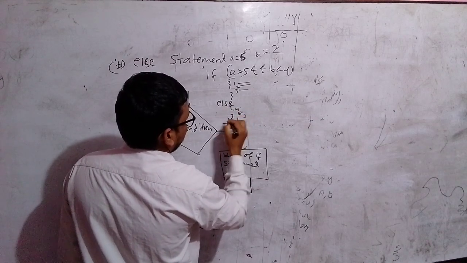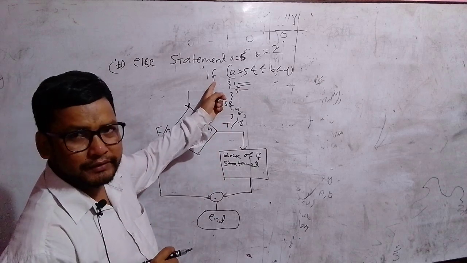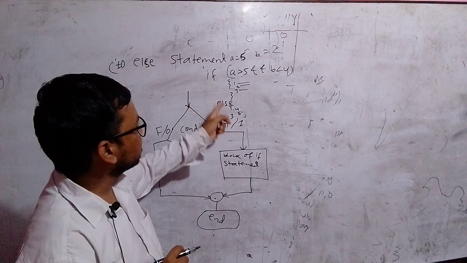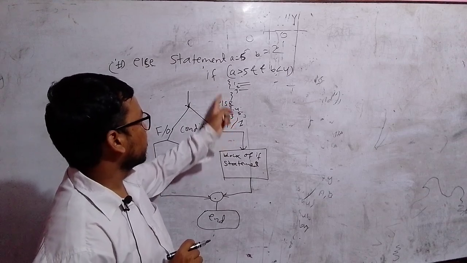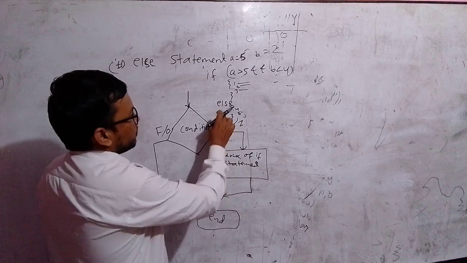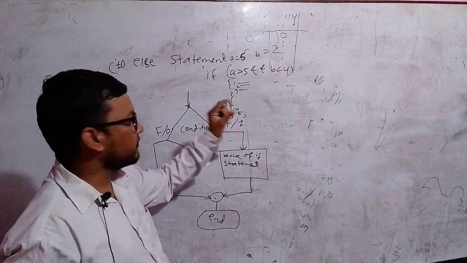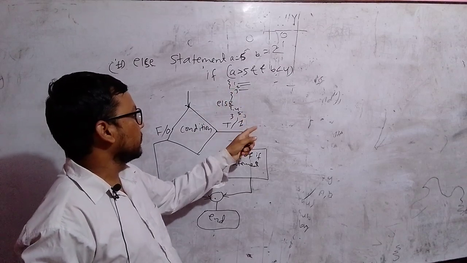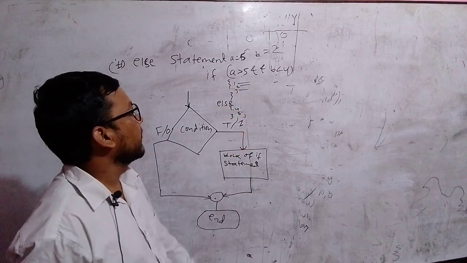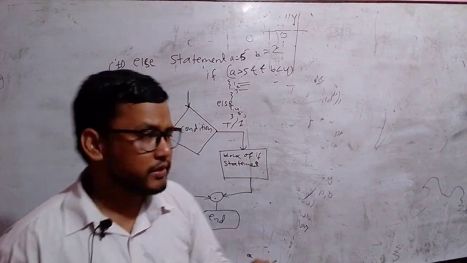Now let's see here. Else always comes with if, and we can say if else. It contains two options: whether to execute one block that contains 1, 2, 3, or another block that contains 4, 5, 6. And this statement also has only one condition to check.